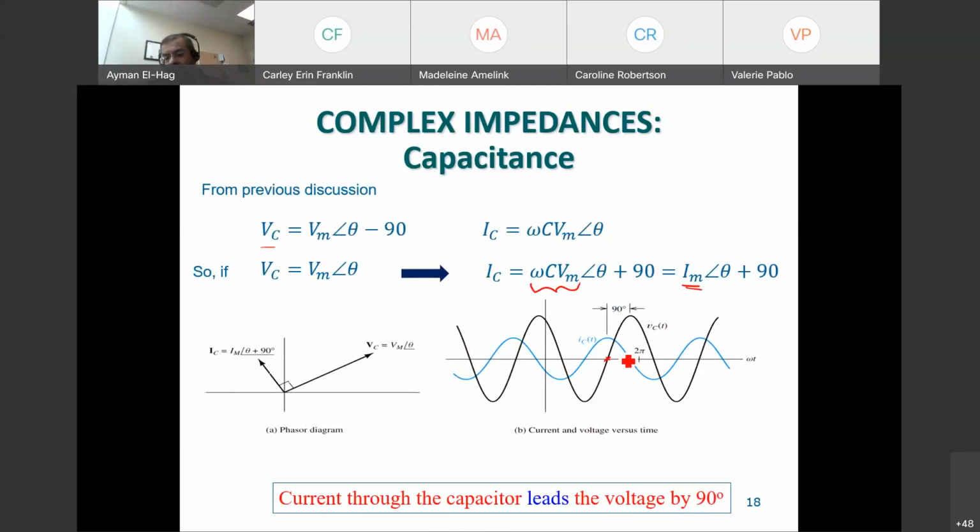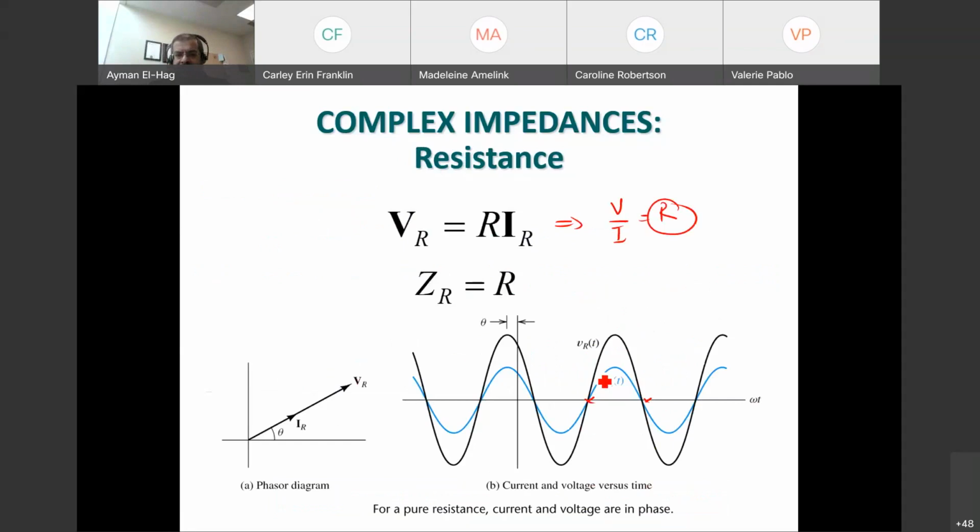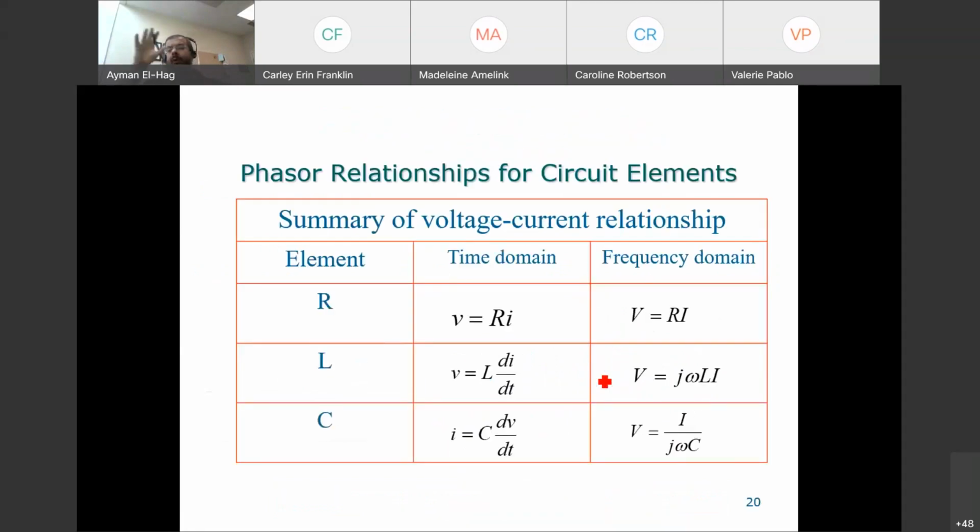So the current will reach the zero before the voltage will reach the zero. So the current is leading the voltage, or the voltage lags the current, but we always use the current as our reference.